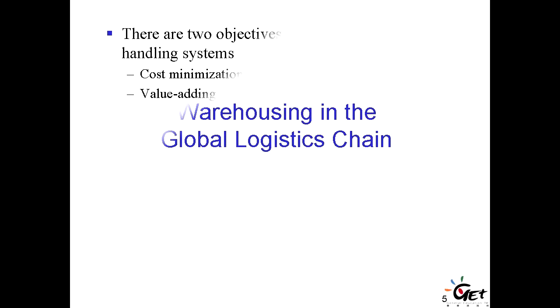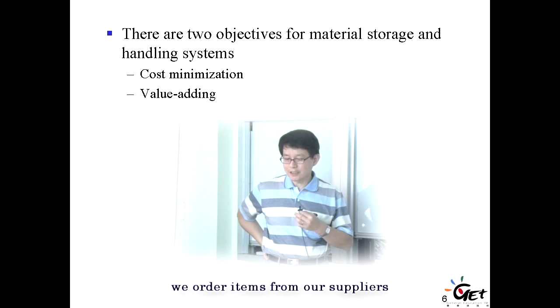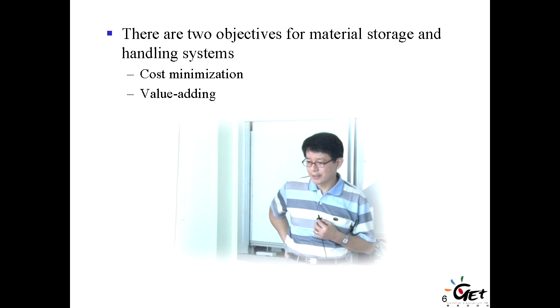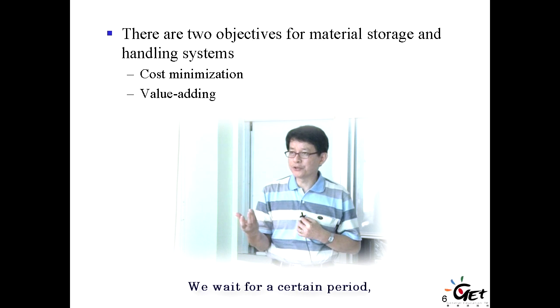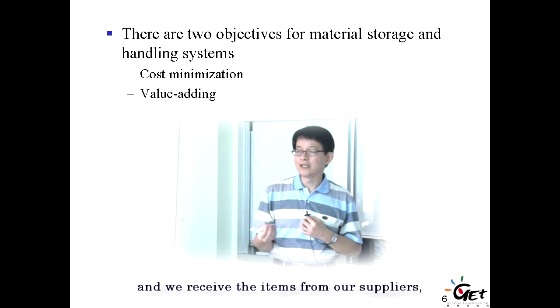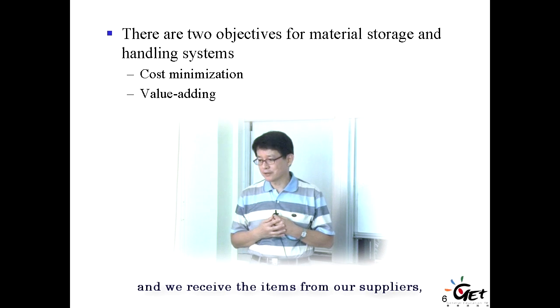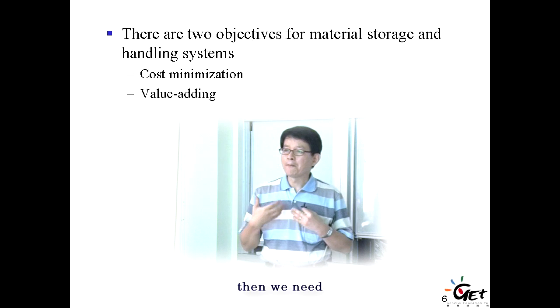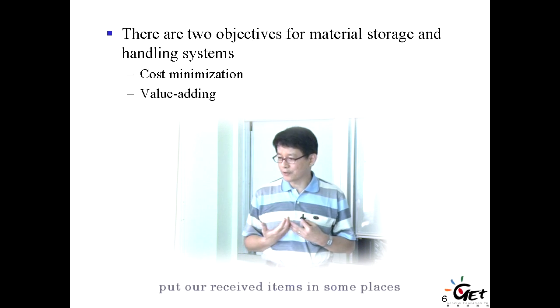Basically, we order inventory, we order items from our suppliers, right? And we wait for a certain period, what we call the lead time, and we receive the items from our suppliers. Then we need to put our received items in some places, right?